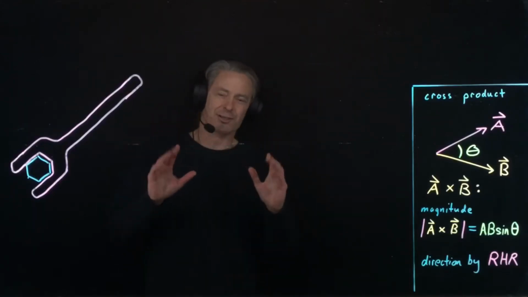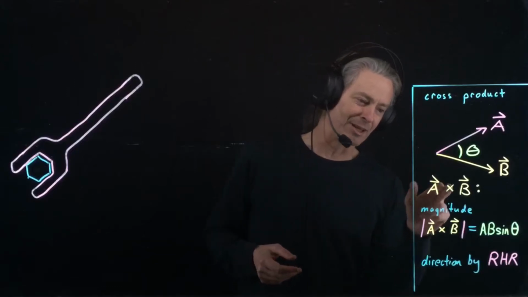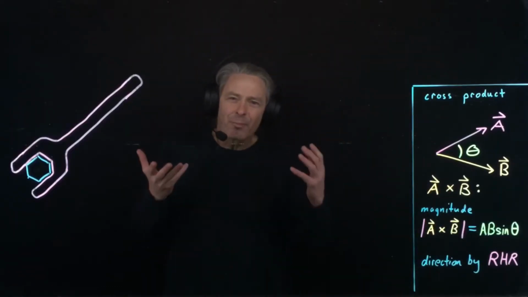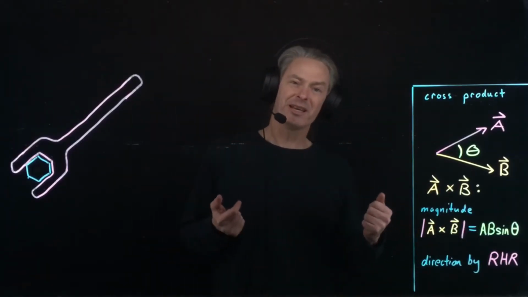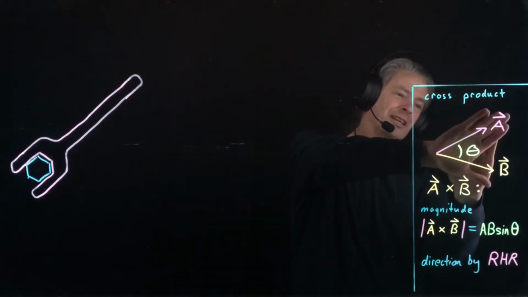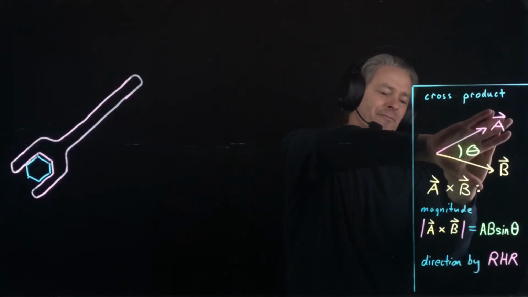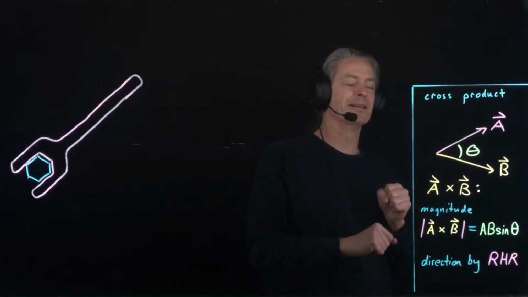The direction of the vector formed by taking vector A cross vector B is perpendicular to both A and B. Another way to think about it is when you put A and B vectors together in the plane, tail to tail, they'll form a plane. The direction of vector A cross vector B is perpendicular to that plane.